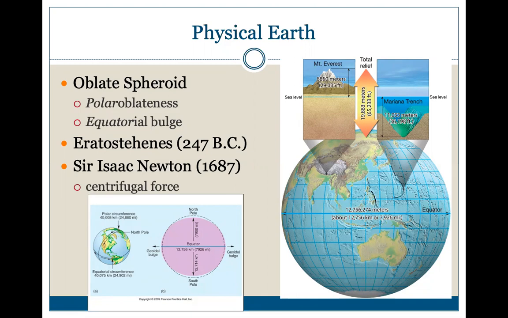It's what they call an oblate spheroid, meaning it's not quite round and it has a kind of a bulge at the middle of the Earth, at the equator or in the tropics. And this is called the equatorial bulge, and then you have polar oblateness, meaning from pole to pole, this is shorter in diameter than across the equator.